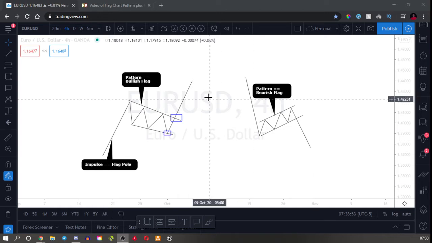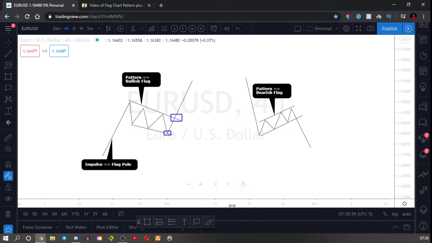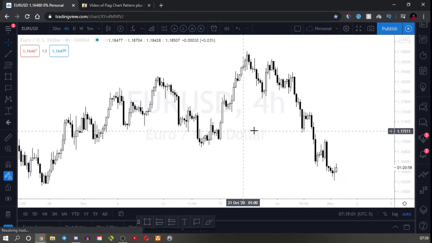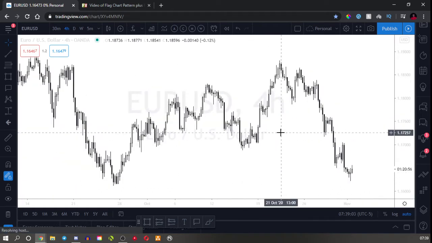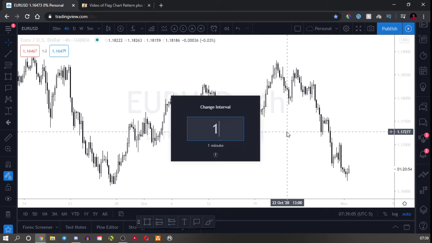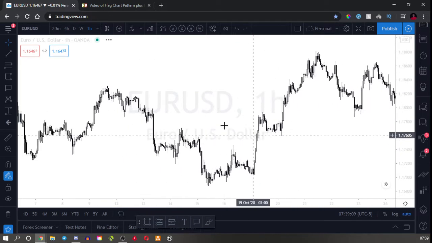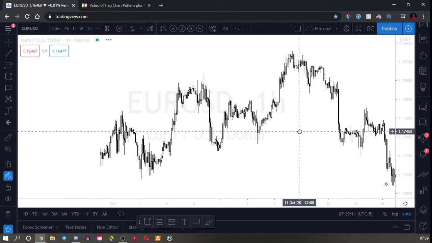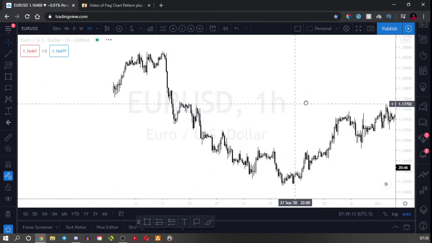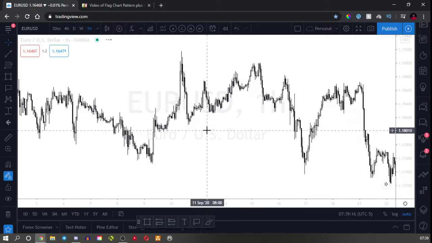Now let's go ahead and take a look at a few examples. Let's take a look at a few examples on this pair. Let's actually go to the 1 hour. The first thing that I want to look for is a bullish flag.